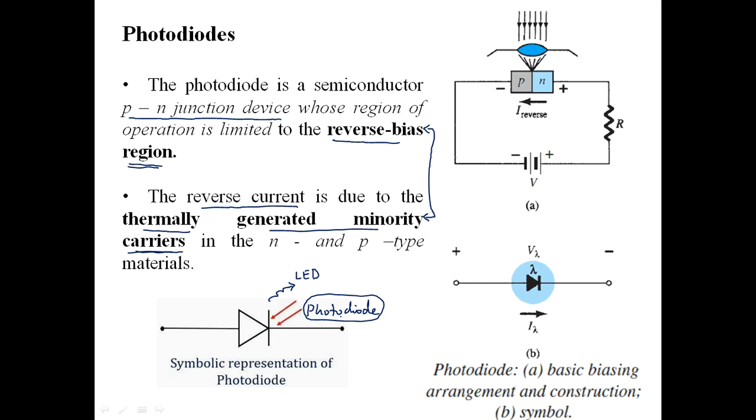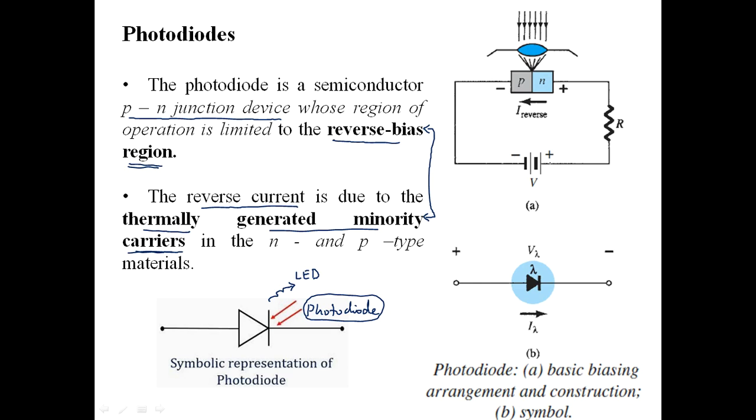It is made to fall on the diode. And when we say light is being made to fall on the diode, we try to focus that light falls mainly in the reverse bias region. Fine. We'll talk about it in the next slide.